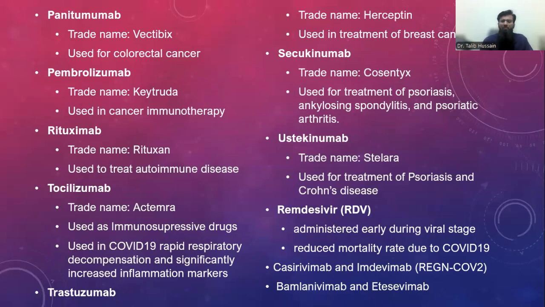The main interest is in the last slide. We have recently used some monoclonal antibodies, for example, tocilizumab. Tocilizumab was prescribed rapidly during COVID-19 along with steroidal preparations, for example, dexamethasone. Dexamethasone and tocilizumab were concurrently administered in the first phase of the infection, for example, within the first 9 days.